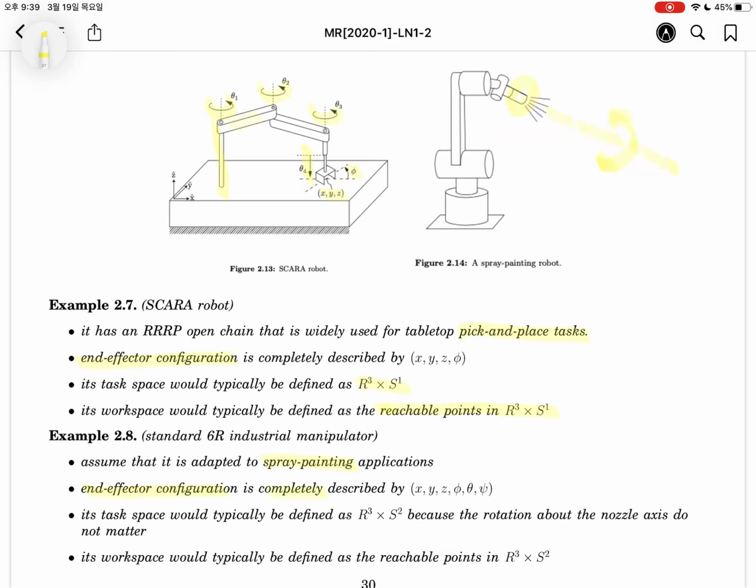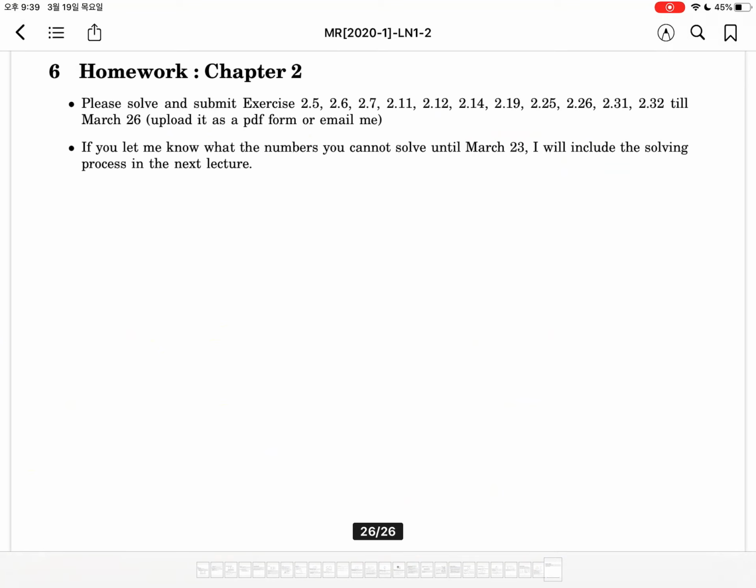So the end effector configuration is completely specified by XYZ and roll, pitch without yaw. Yaw does not have any effect on the spray painting. Each workspace can be defined by R3 times S2, not T2, because roll and pitch are required to express the latitude and longitude. Each workspace is defined as the reachable points in R3 times S2.